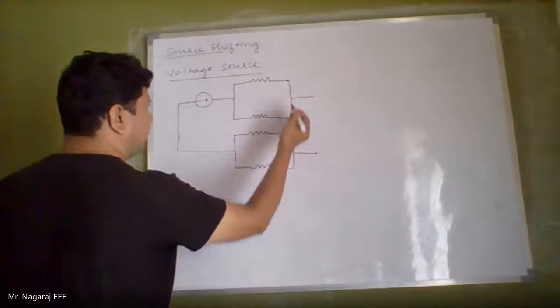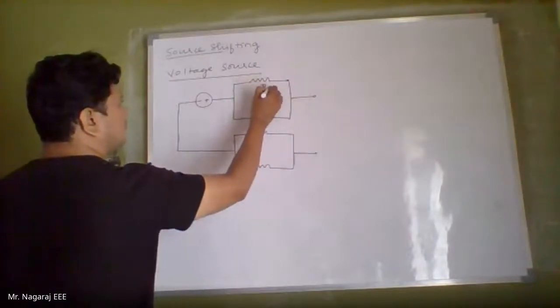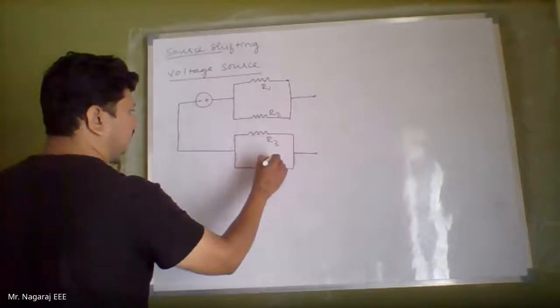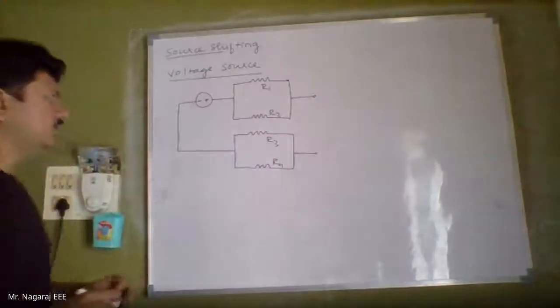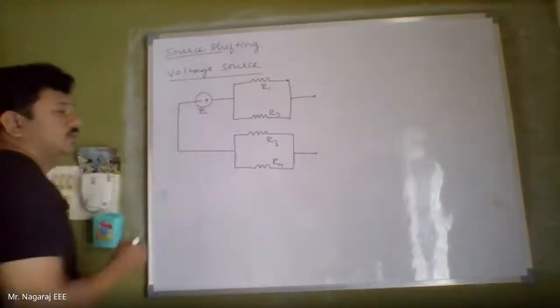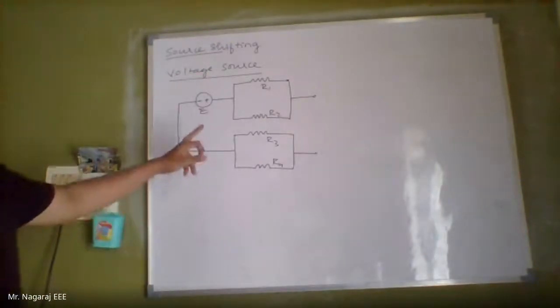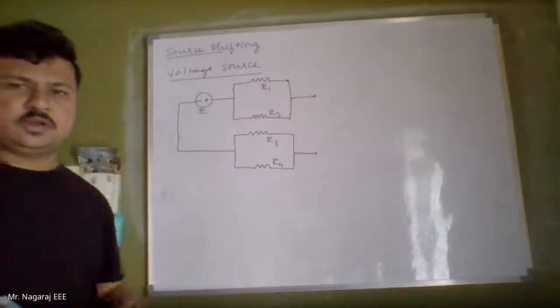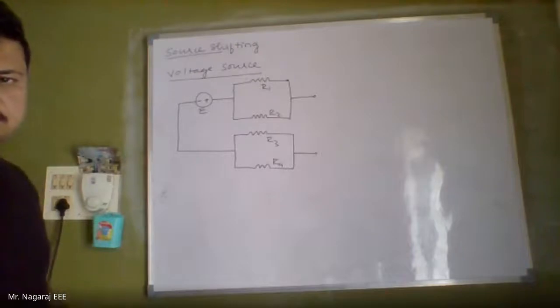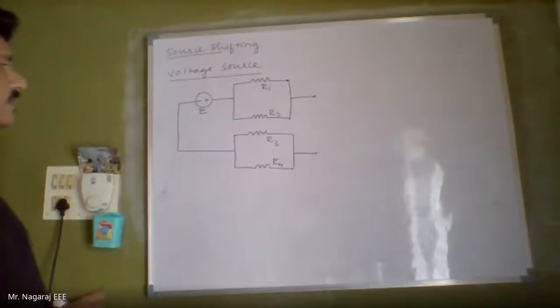You can take any circuit, for example, R1, R2, R3, R4. It is not an example, it is simply for concept understanding. The source shifting concept is very important, because I cannot arbitrarily do things. Now observe.